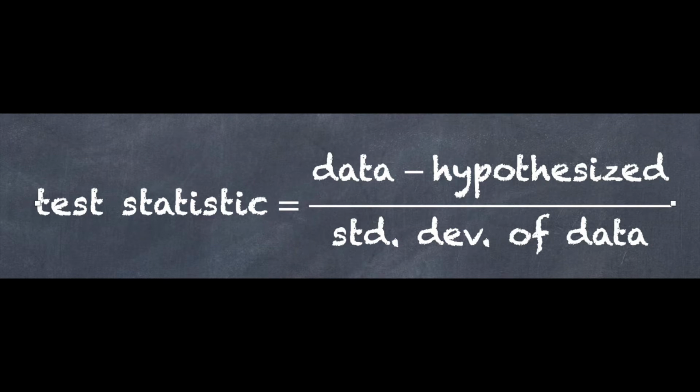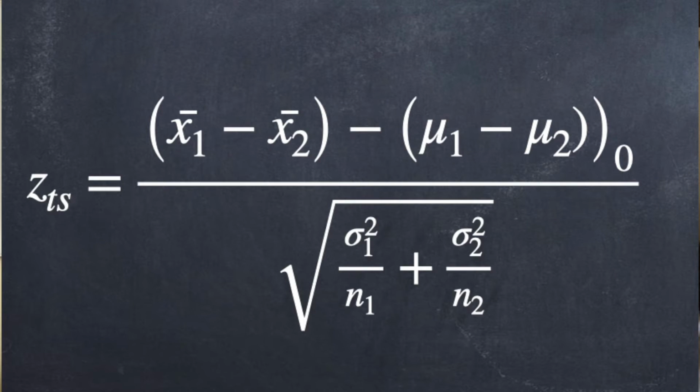Now, we just talked about the distribution properties of x bar 1 minus x bar 2. Let's just notice that these are normal, so it wouldn't be a huge surprise that the test statistic is going to be a z test statistic in this form: x bar 1 minus x bar 2, which is from the data, minus something hypothesized under the null hypothesis, divided by the standard deviation.